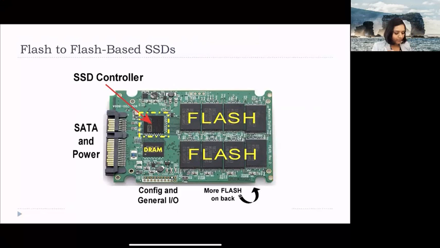So all these small NAND cells, or flash cells, get together to construct this flash-based SSD. And that's what we mean by flash-based SSD. Now, apart from these NAND cells, a bunch of flash cells, an SSD has its own on-chip DRAM.